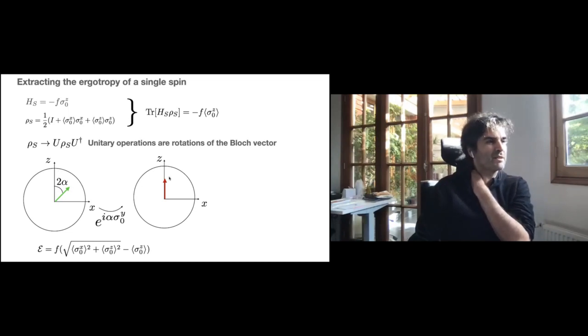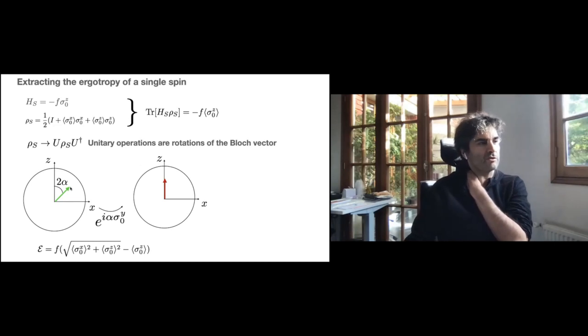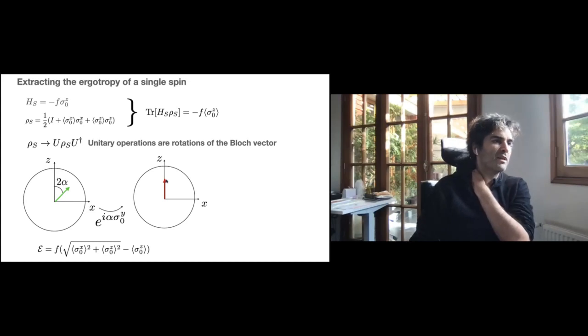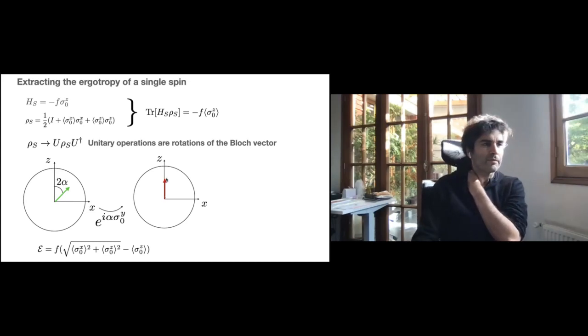So the passive state has to point in the theta direction, and unitary operations on the Bloch sphere are just rotations. So what we do is we rotate this vector to the theta direction, and this is the passive state.